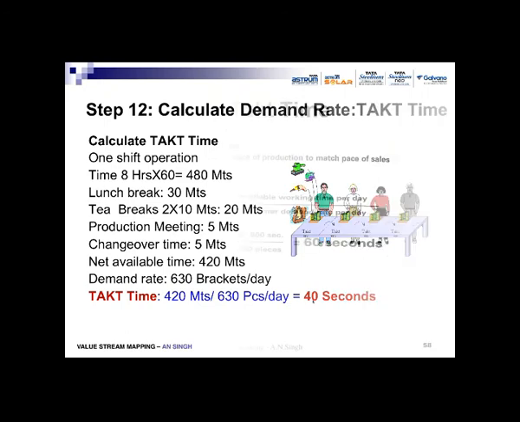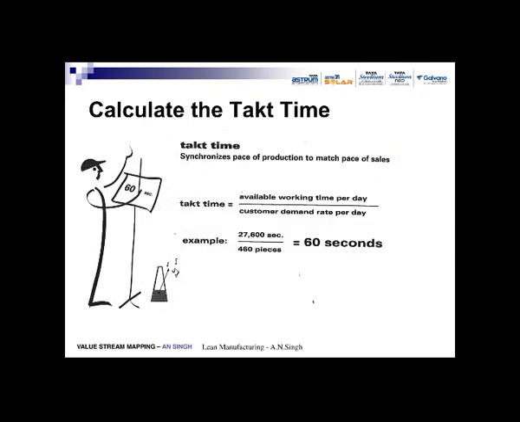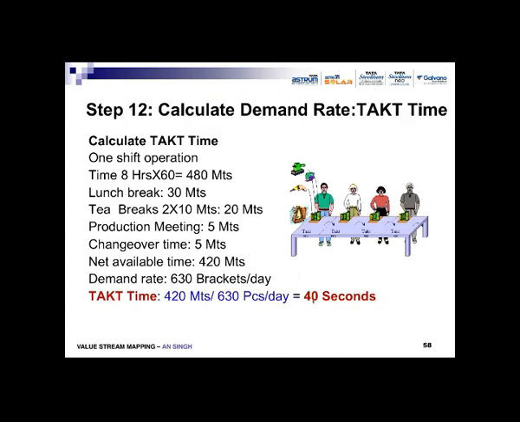Why is it calculated? Because once we know that the customer wants one product every 60 seconds, we have to see whether all our processes are able to produce one item within 60 seconds or not. How is the takt time calculated here? Again, coming back: one shift operation in this company means 480 minutes.